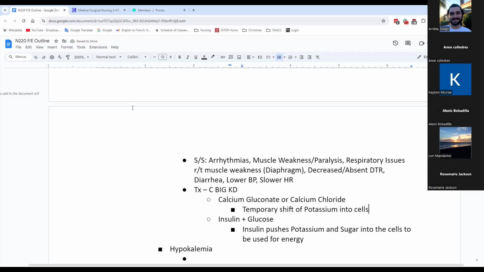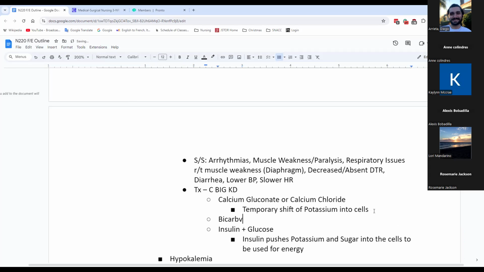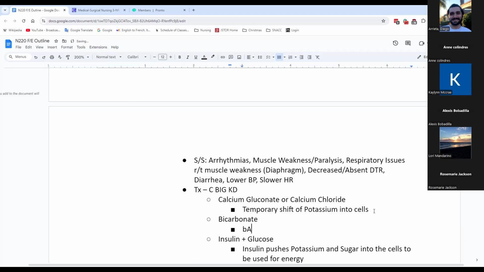Let's see, calcium, laxative, diuretics, dialysis, bicarbonate. So the B is for bicarbonate. This is a base. When you have high potassium, you also have acidosis. So that's kind of common. So it's a base used to neutralize acidosis, and it's also going to be good for that potassium.